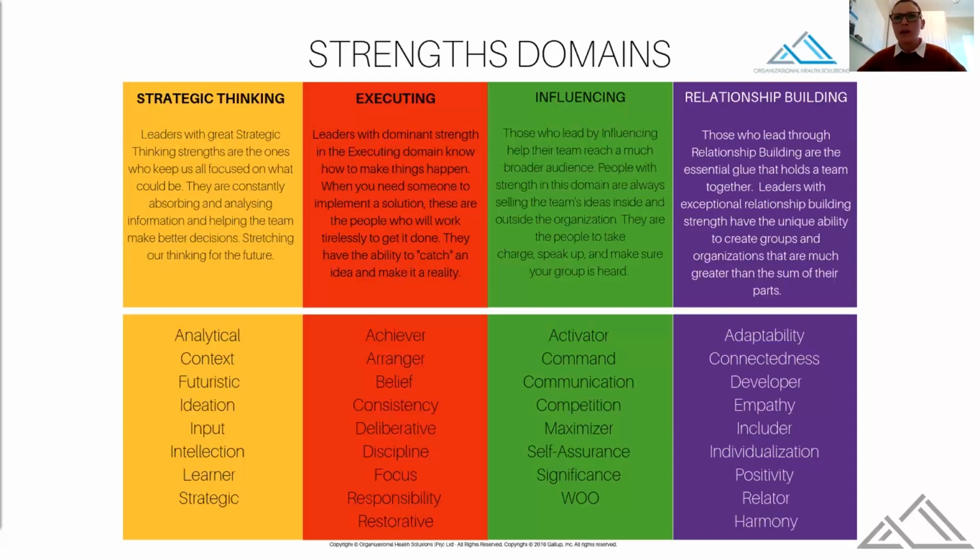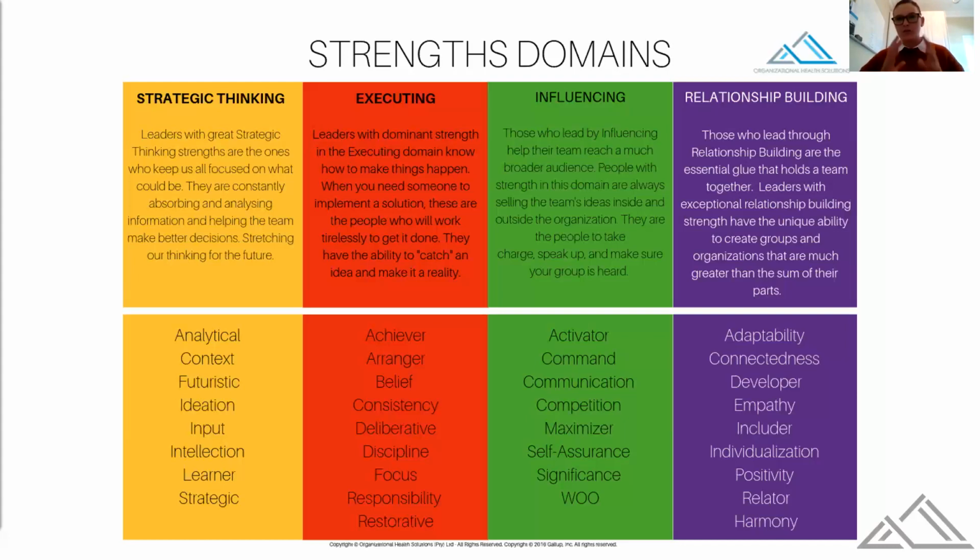So another thing about executing is when we look at their interaction with strategic thinkers, they often slow down the process slightly in order to think and process. So executors, if you are leading strategic thinkers, you may want to ask them thought-provoking questions that may lead to actionables, or give them time to think and be patient in that.